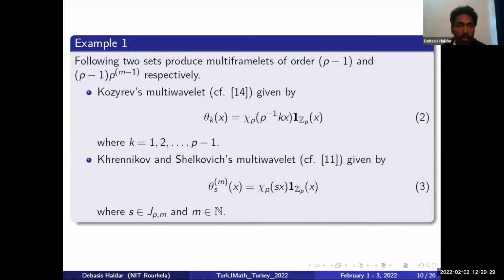So here are two examples of this multiframelet. The first one is the equation 2. This will produce a multiframelet of order p minus 1, and the second one will produce a multiframelet of order p minus 1 times p to the power m minus 1.